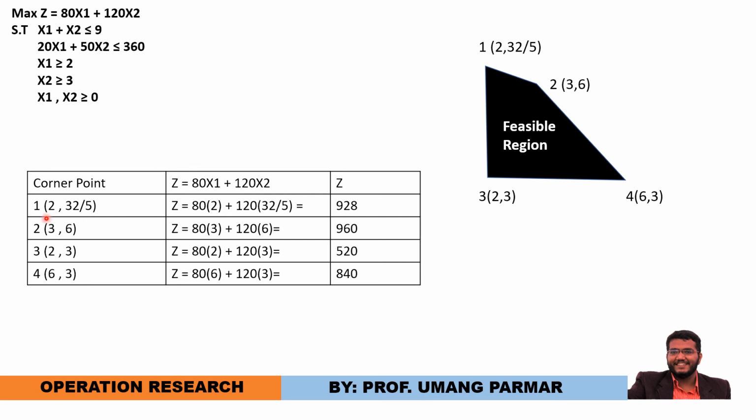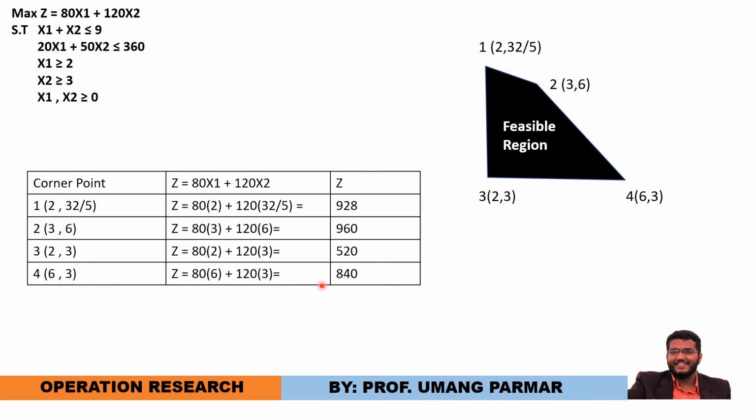Putting 2 and 32 upon 5 as x1 and x2, I find the value 928. In the same way, putting (3, 6) in the equation of z, I get 960. Putting x1 and x2 as (2, 3), I have 520. And for the fourth point, x1 and x2 being 6 and 3, I have z equal to 840.